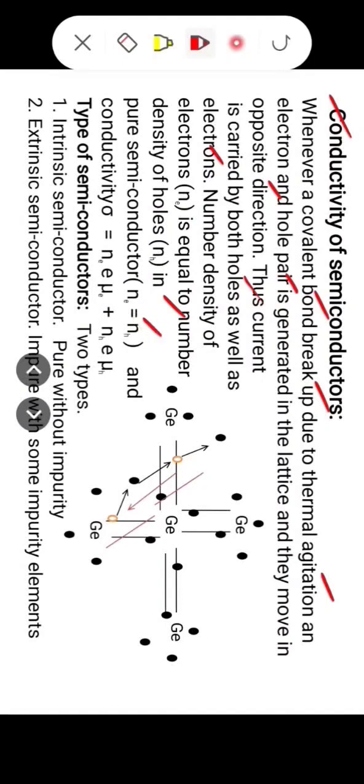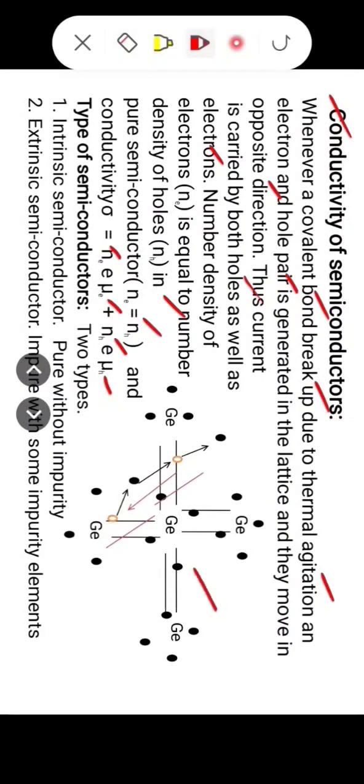Conductivity sigma is equal to Ne into e into mu e plus Nh into e into mu h, where Ne is number density of electrons, mu e is mobility of electrons, Nh is number density of holes, mu h is mobility of holes, and e is charge on electron or hole.